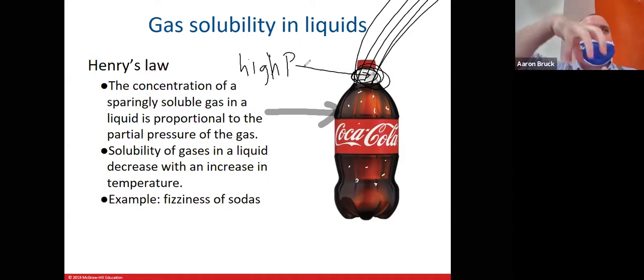Because the pressure has been released, Henry's law tells us that since the pressure above is now lower, the carbon dioxide that was once dissolved in there is now going to come out of the solution. It's going to immediately start to effervesce. It's going to immediately start to bubble because the pressure inside, which was once high, is now considerably lower.